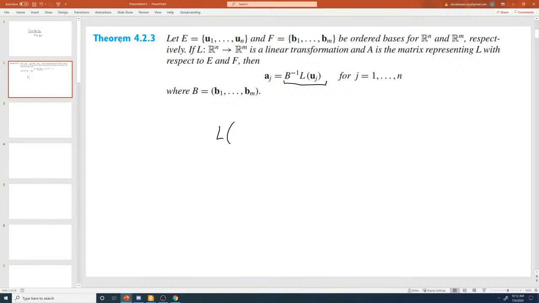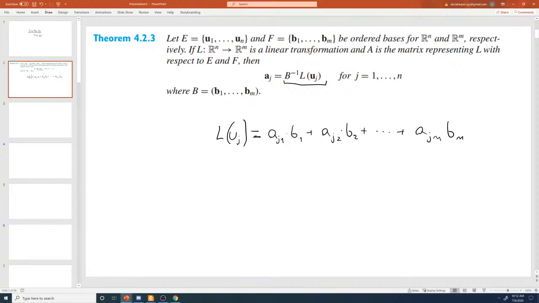So to understand why this works, let's think about it. If we feed our uj to L, we can try to express this in terms of the basis. If we do that, we'll get A1j times b1 plus A2j times b2 plus and so on, up to Amj times bm.